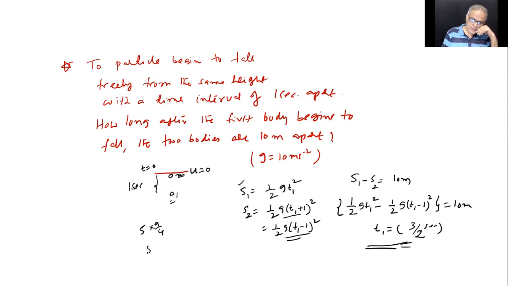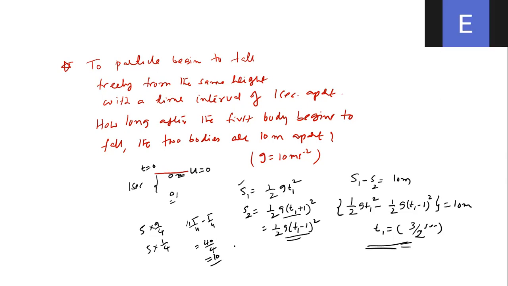Next thing is 5 into (3/2 minus 1/2) whole square, 1/4, right? 45/4 minus 5/4, 40/4, 10. Correct, isn't it? You need not even wait for somebody to give the answer. Hello, can I continue? Yes, sir. Others, please.